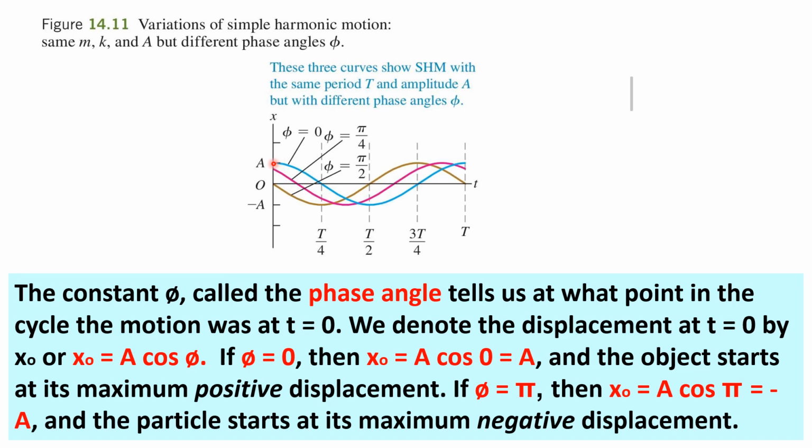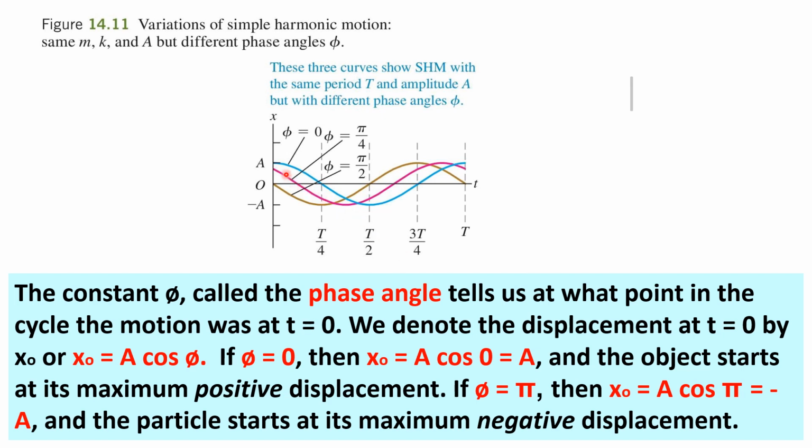This is a graph that shows the relationship between the displacement x and the time t. We have three different variations of simple harmonic motion. They all have the same mass m, the same force constant k, and the same amplitude, capital A, but different phase angles phi.